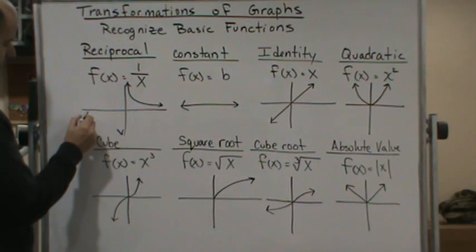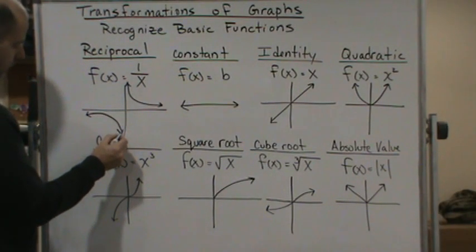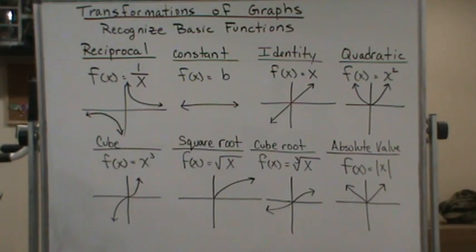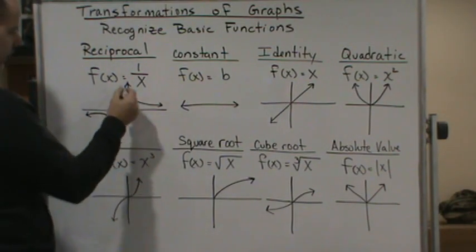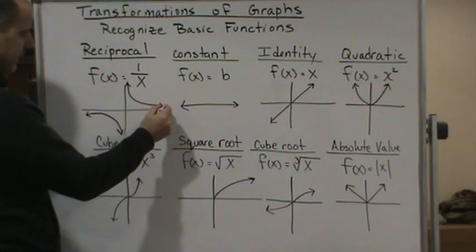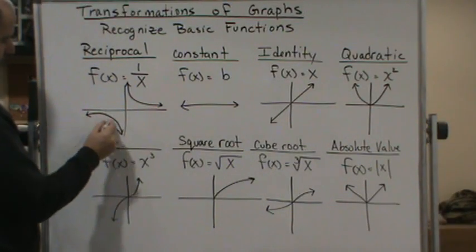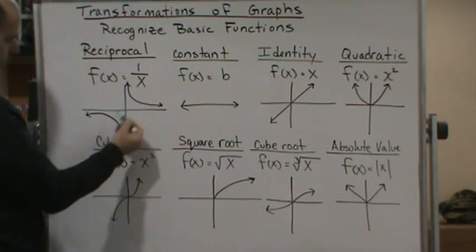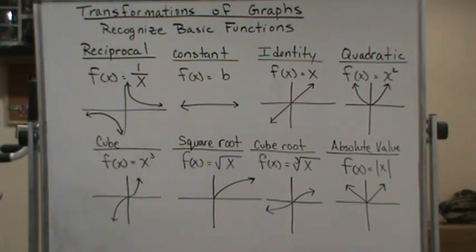So it's doing that sort of thing. So this is what the reciprocal function looks like. It has this little curve here, like an exponential decay curve, and it's got this flip across the origin. So that's the reciprocal function.